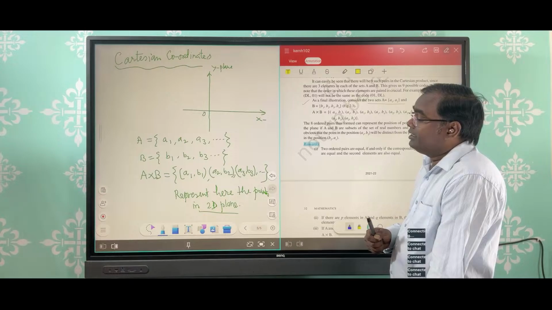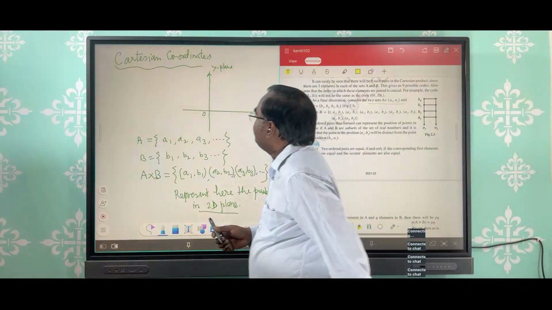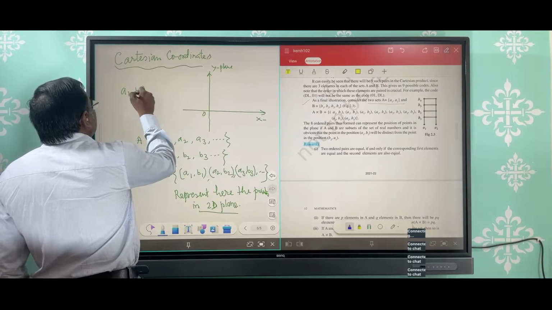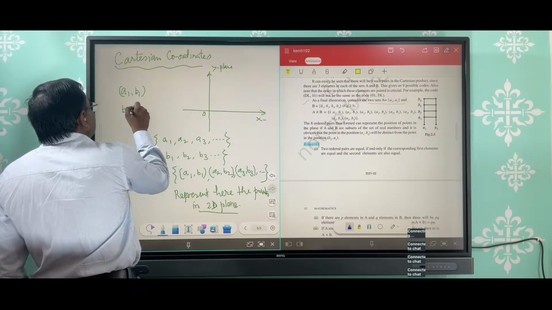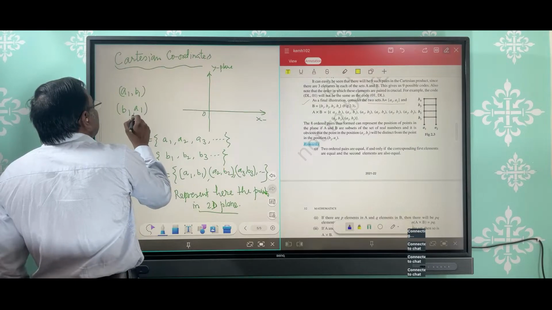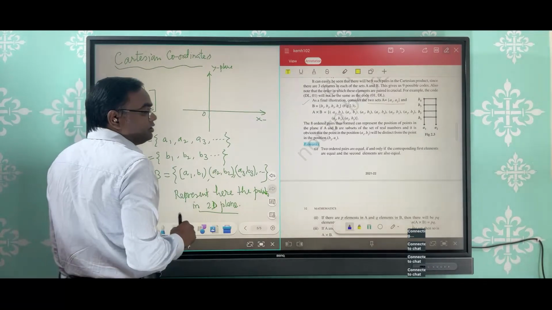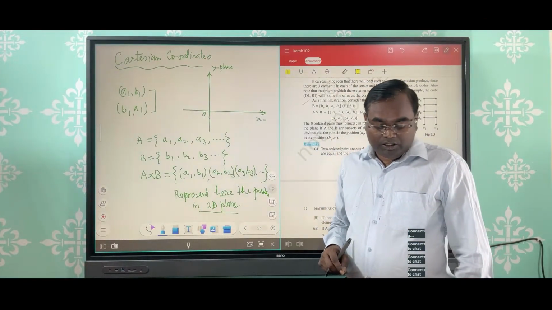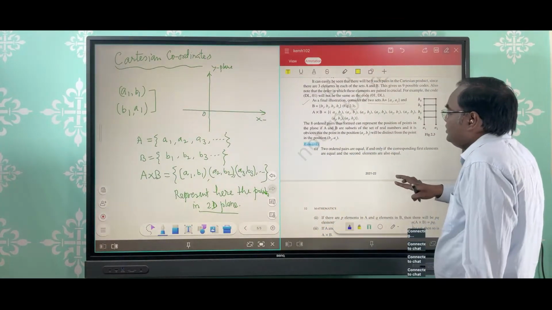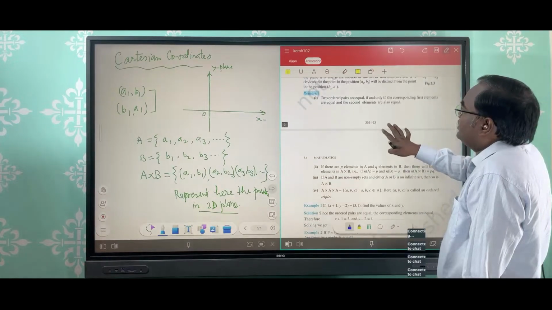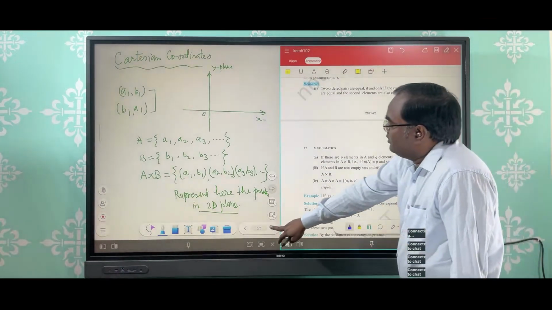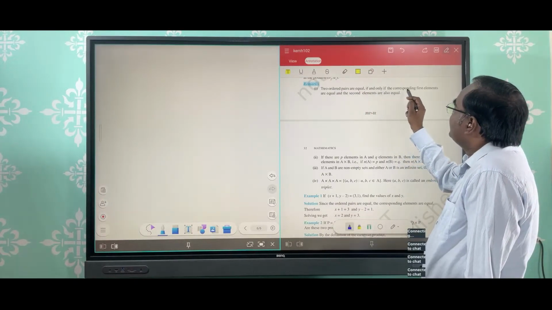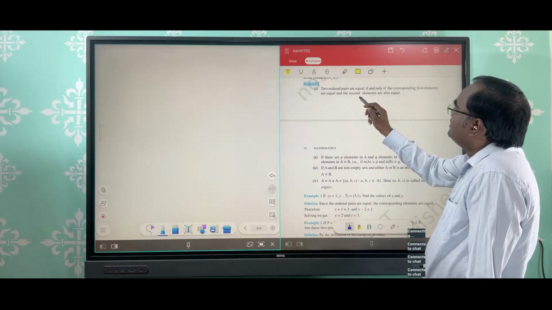So we find the pairs of numbers that act as the coordinates. Their order is important because if we want to locate A1 B1 and B1 A1, their positions will be different. That's why their order matters. Now let us discuss some important points. Two ordered pairs are equal if and only if the corresponding first elements are equal and the second elements are also equal.